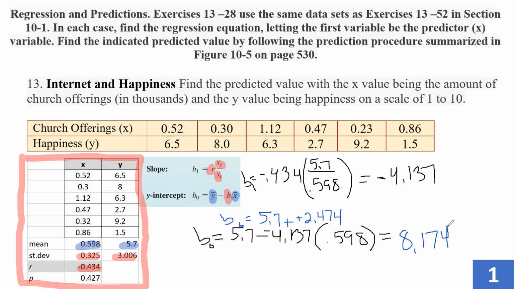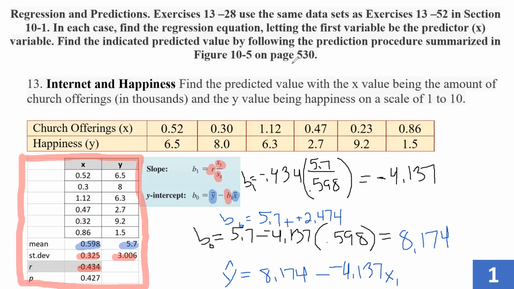Yes. Okay. And from this, right, we should have a y hat. We want to use a regression equation. 8.174, because we put b sub 0 first, minus negative 4.137, and then the x sub 1.